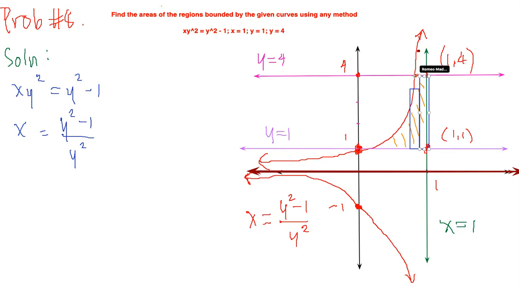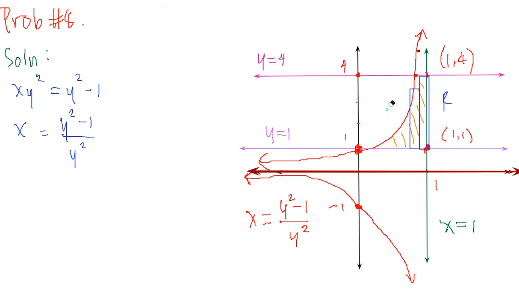Which means there will be two partitions that we are going to consider here, this partition and the other one, the left and the right regions, if we use vertical rectangular strips.